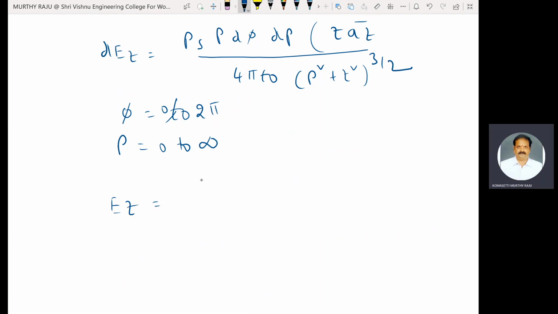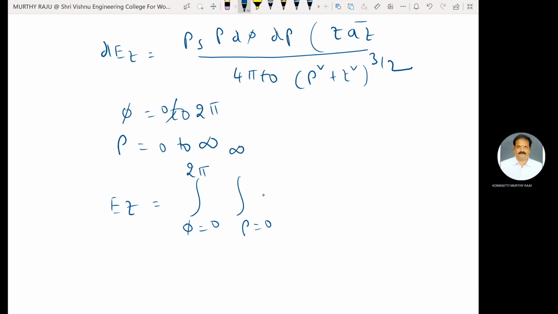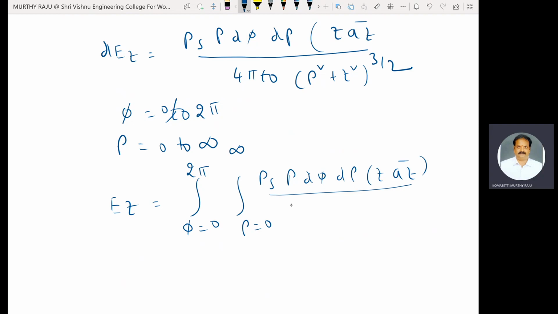Ez is equal to the integral, phi from 0 to 2 pi, rho from 0 to infinity, of rho_s rho d phi d rho z a_z divided by 4 pi epsilon 0 (rho square plus z square) whole power 3 by 2.